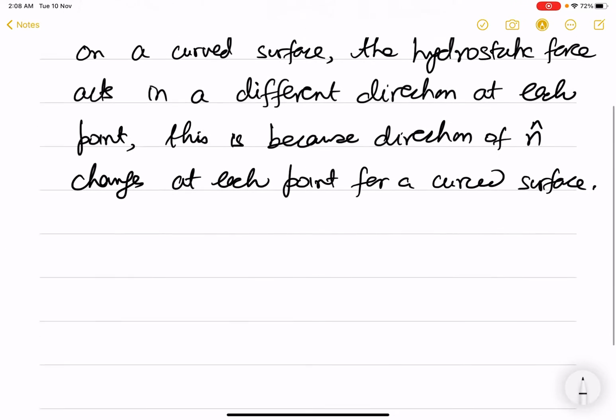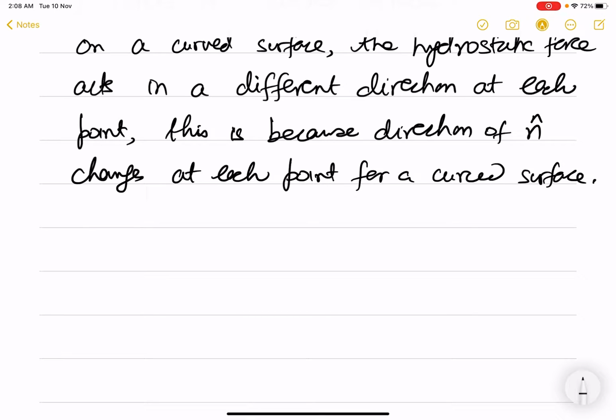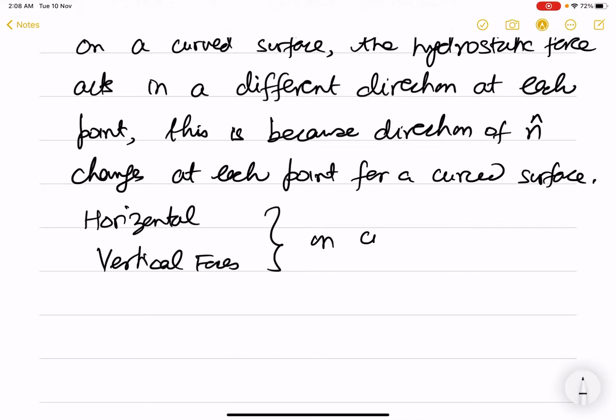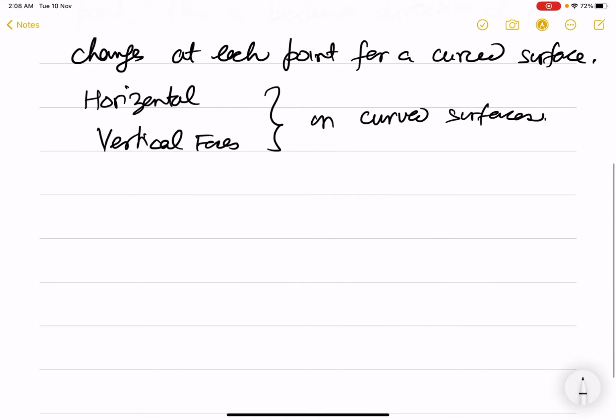But there is a very simple way in which we can find horizontal and vertical forces on curved surfaces. And for that, let's draw a simple free body diagram.